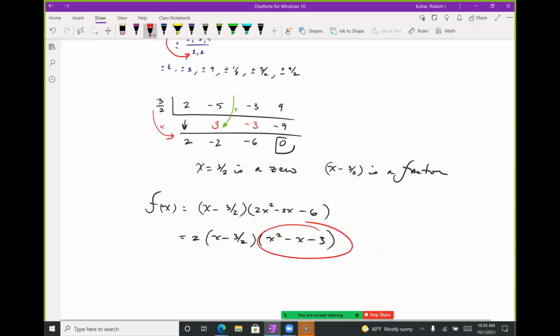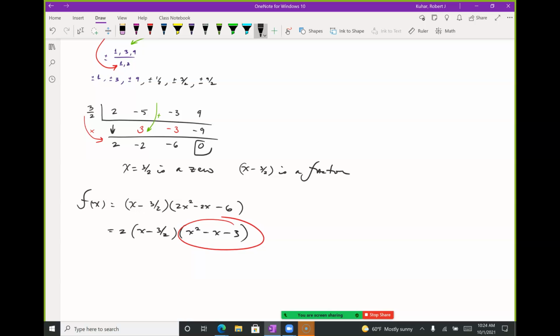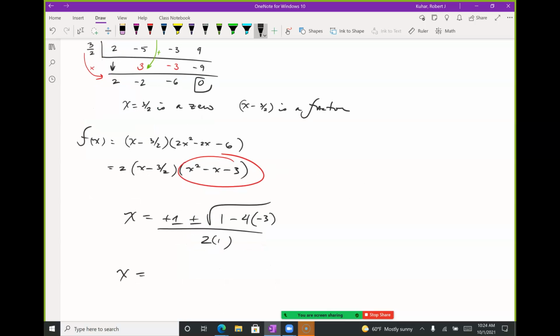All right. So, how am I going to do that? Quadratic formula, right? X equals minus b plus or minus square root of b squared minus 4 times a times c all over 2 times a. So it looks like I get other roots of 1 plus or minus square root of 13 all over 2.